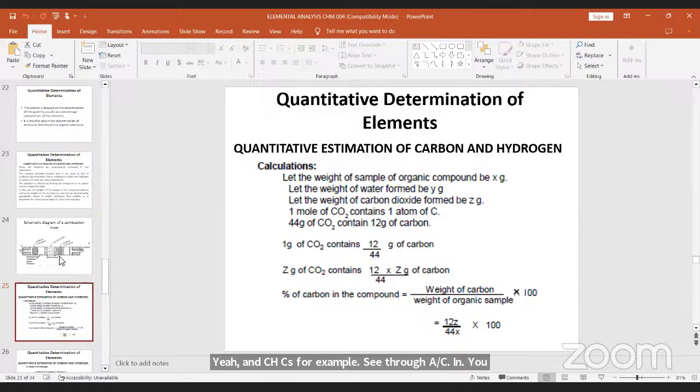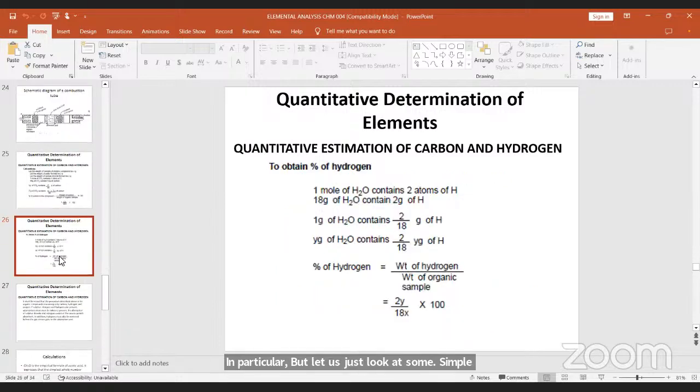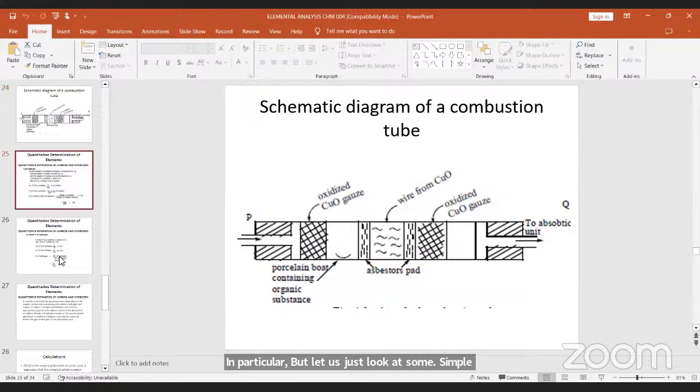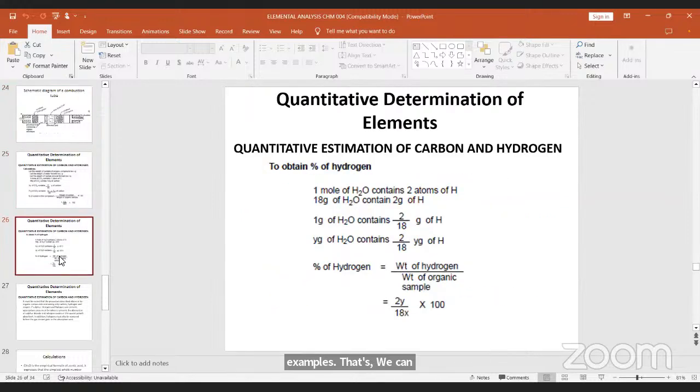CH3. So there's a way we can calculate this, and this is found under the topic of empirical and molecular formula. But let us just look at some simple examples that we can use to explain this.